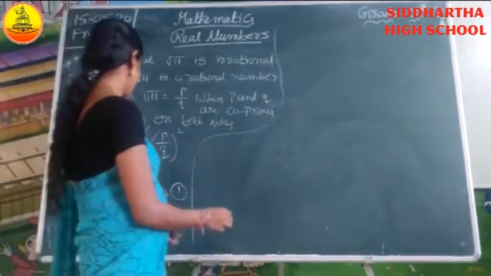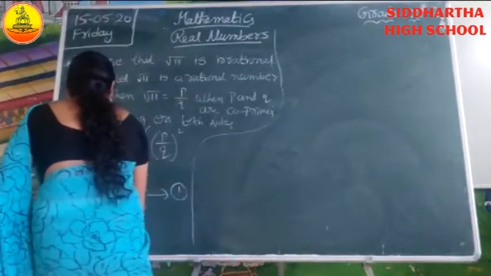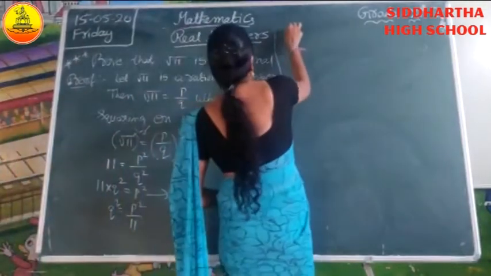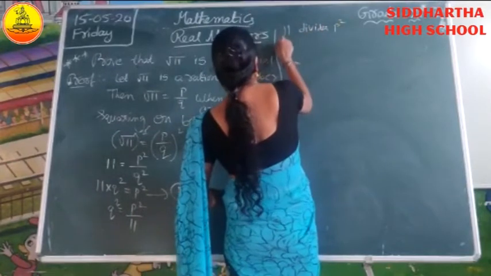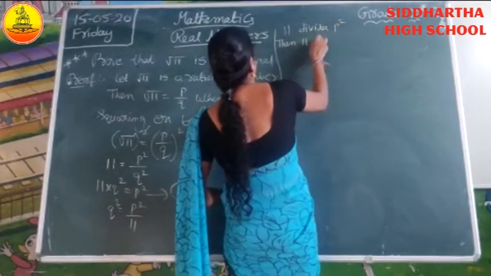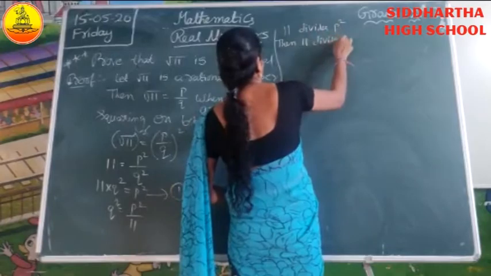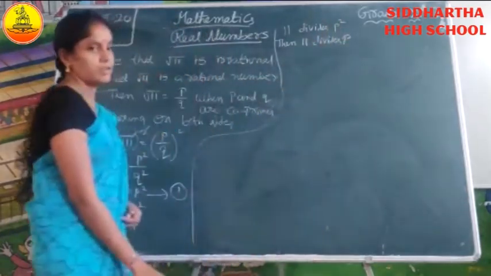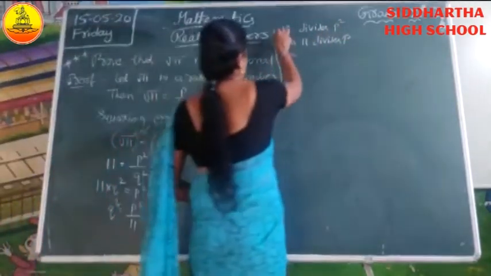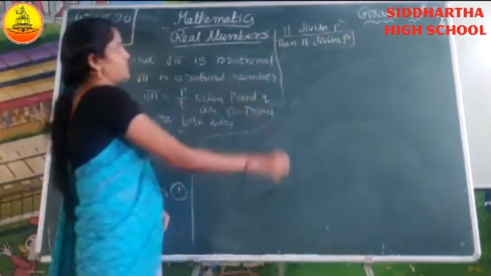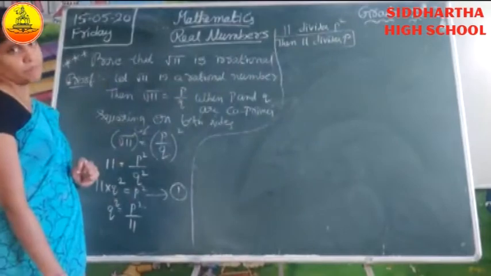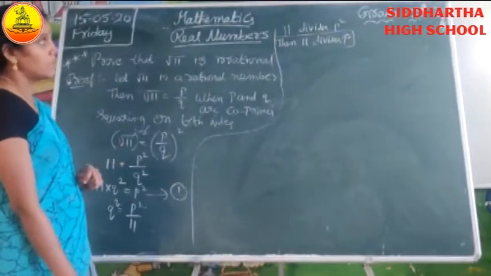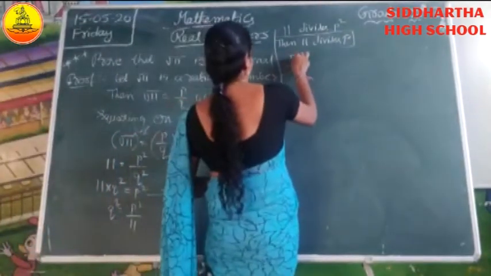So in the same way, here 11 is a prime number. 11 divides P square. Then 11 divides P also. Okay. Next. This one we have to keep like this. Next, what we have to do? If 11 divides P, that means P is in the form of 11A.